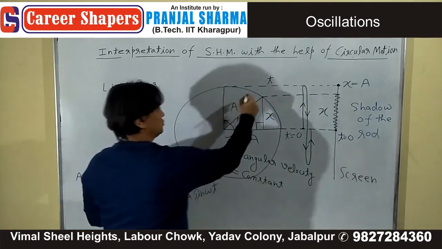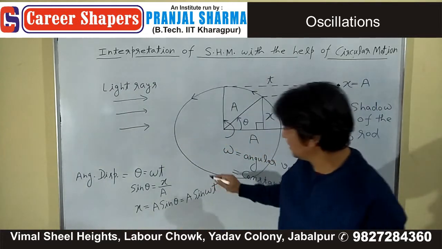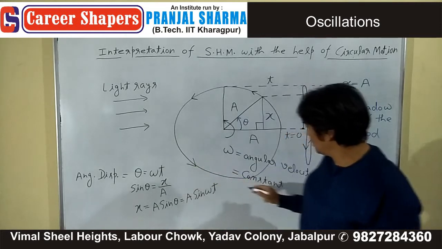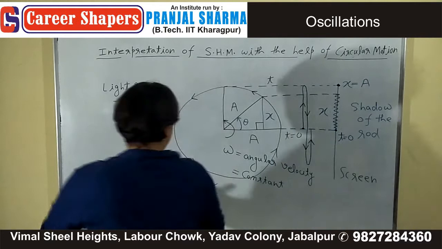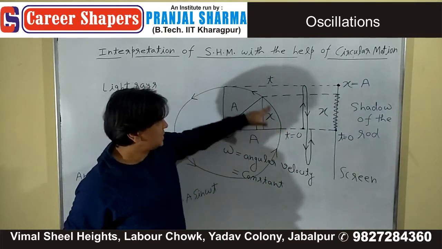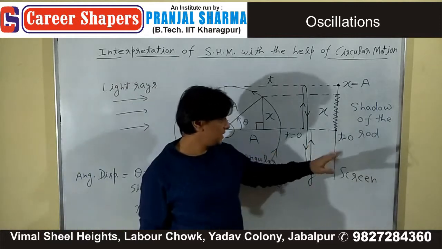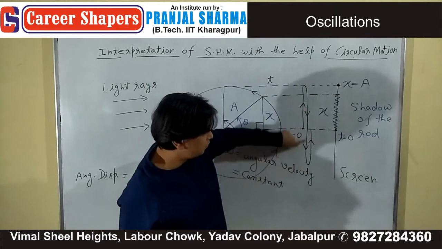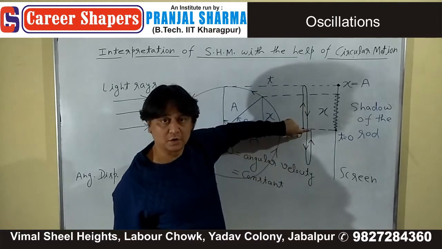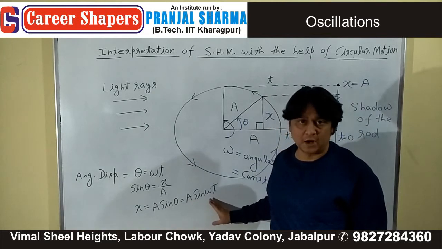Whereas throughout, rod is completing a circular path. Now, when this rod completes a full circle, in that time, tip of shadow has completed one oscillation, which is given by x equals A sin omega t.